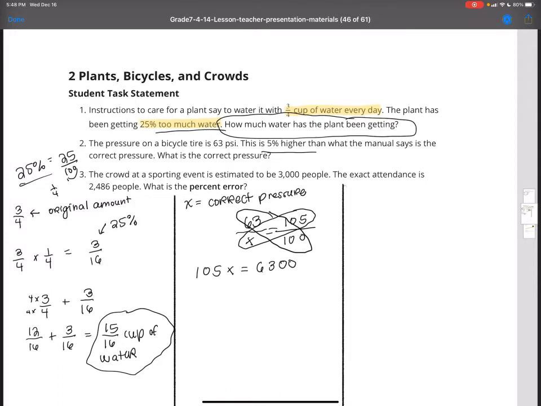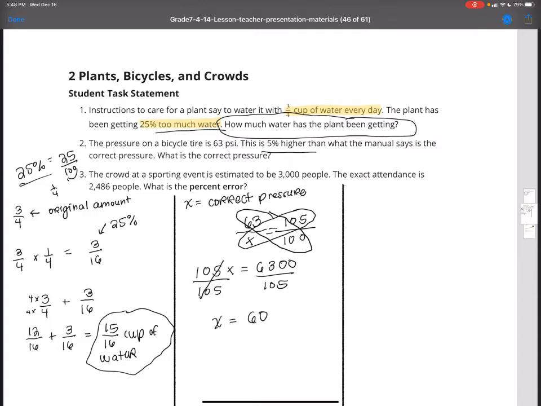All right, so now my goal is to isolate this variable, which I'm going to divide by 105 on both sides. When I divide 105 on both sides, and yes, I am using my calculator at home, and you guys feel free to use it on your test, I should get the correct pressure is 60.